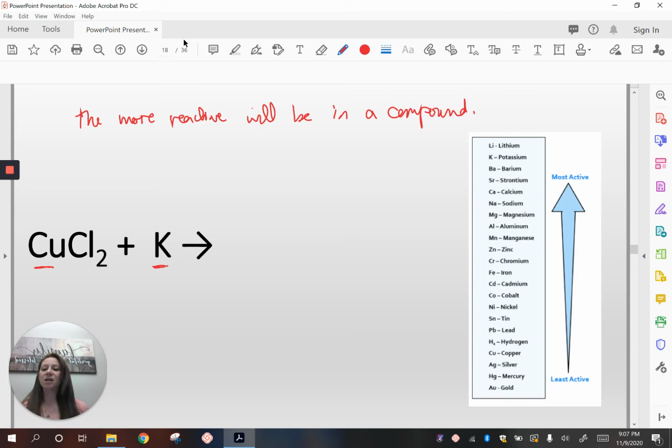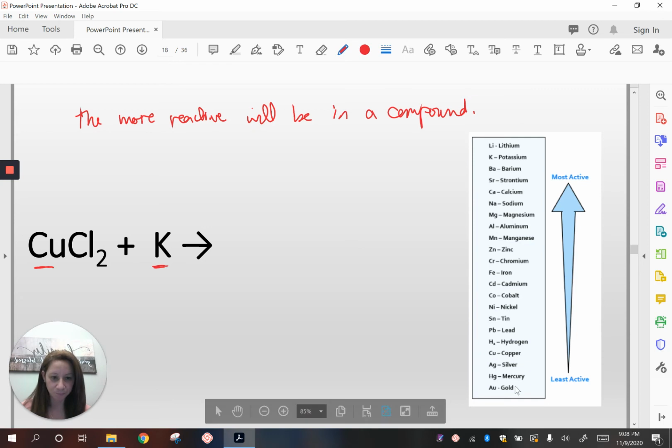So back to our potassium and copper, what you want to do is compare the metal with the metal. If your element is a metal, you compare it with the metal. If your element is a non-metal, you compare it with the non-metal. So you compare two things that are similar to each other, two metals or two non-metals. So potassium and copper, you look for them right here.